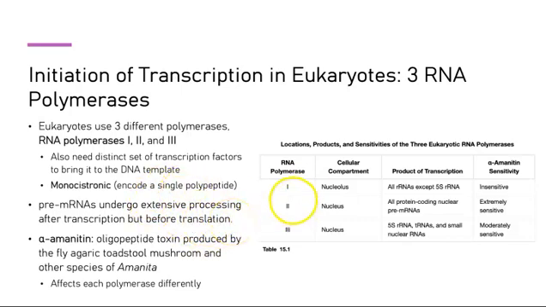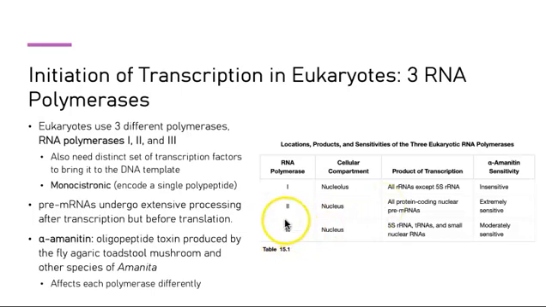Our next RNA polymerase is the second one, and this is found within the nucleus. This is really responsible for transcribing the majority of our eukaryotic genes. So when we talk through the process of transcription, this is the specific type that will be the most functional within it.